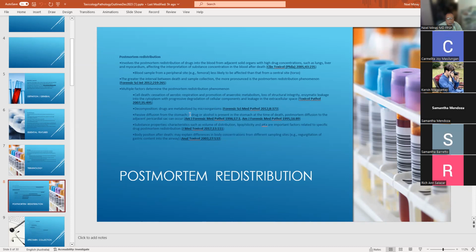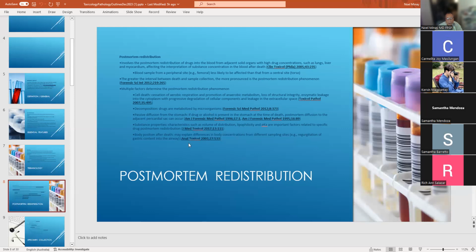So, yung nabanggit natin kanina, pag uminom ng maraming alak at saka kumain ng mataba, usually at the time of death, you can still see the alcohol inside the stomach but less in the blood because the fat inside the stomach delays the absorption of alcohol into the blood, as pinag-usapan natin last time.